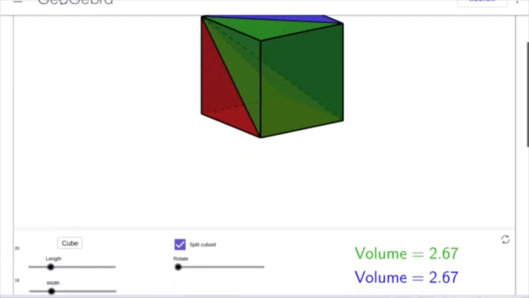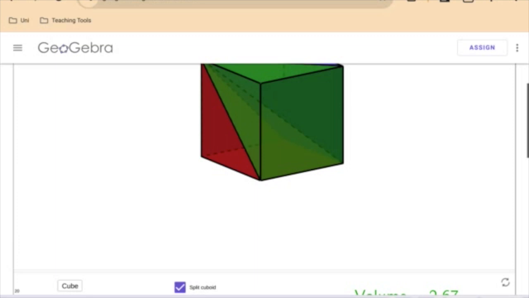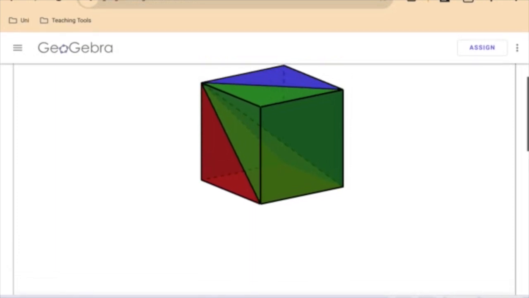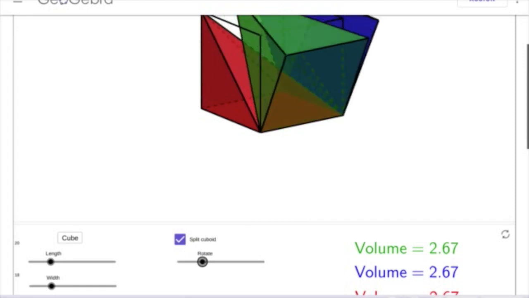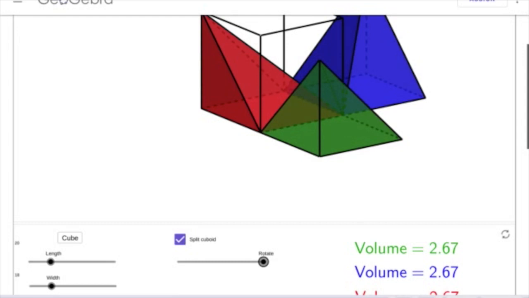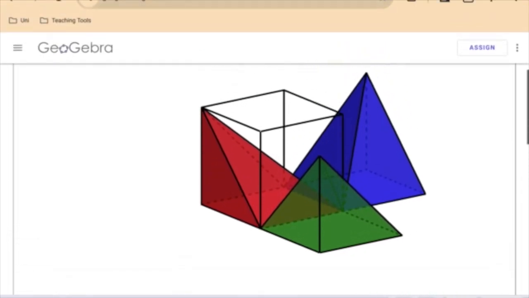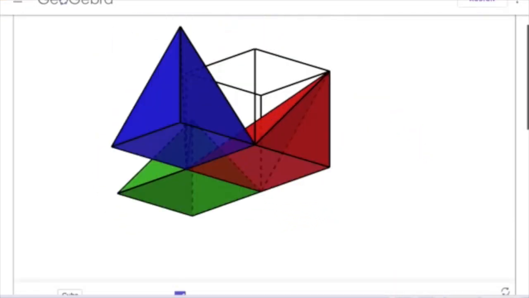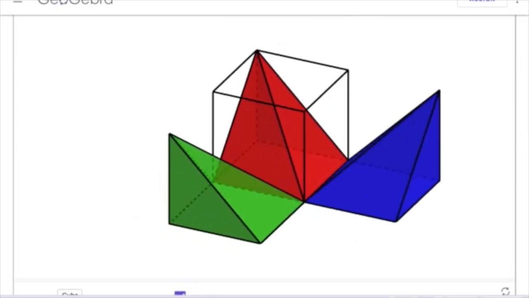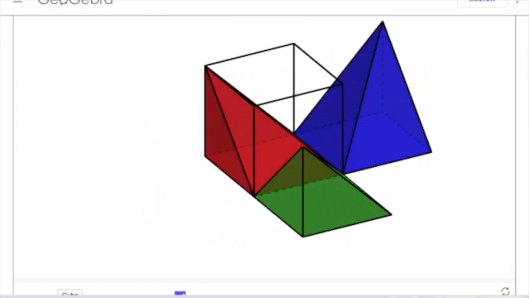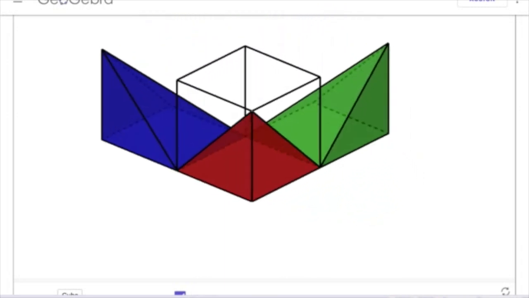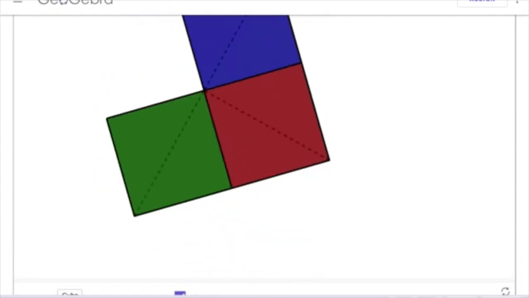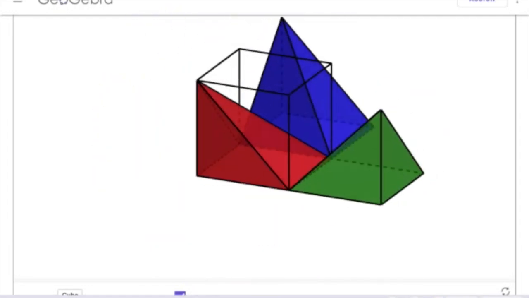Now, what's going to happen if we break this apart? So this cube here, I'm just going to split it, cut the ends, and open it up here. Hope we can all see that. And we can hopefully see that three identical, equal pyramids make up this cube. And one of these pyramids is just going to be the one that we had in our diagram, which has that same base area and height as the cube.